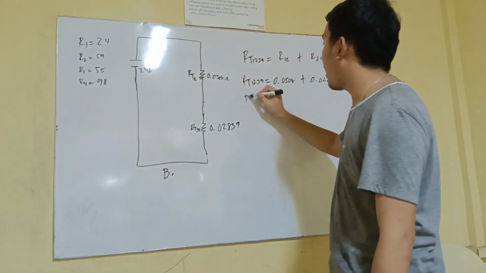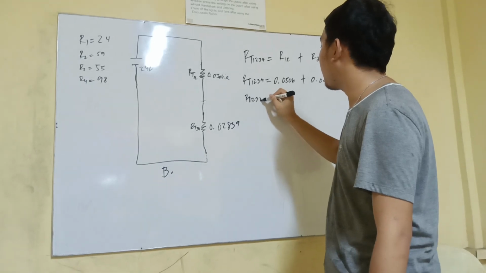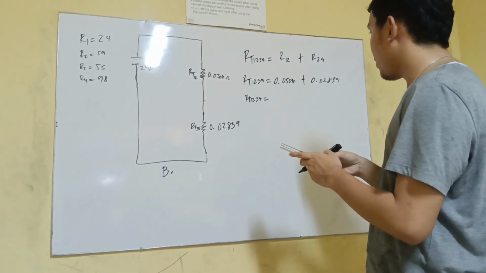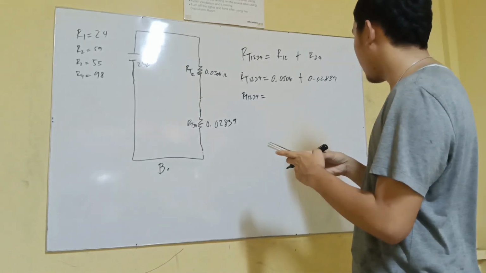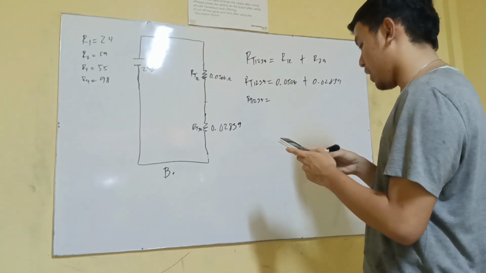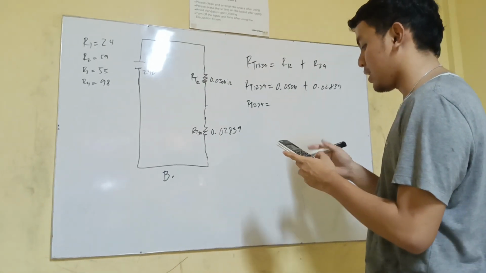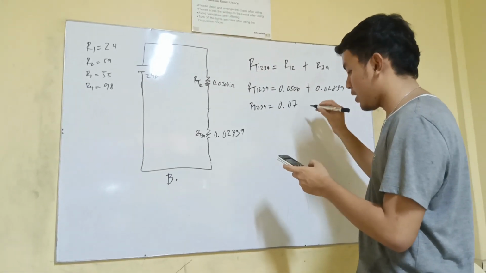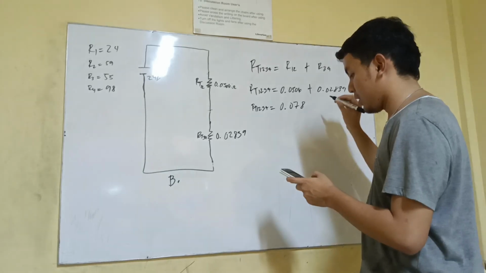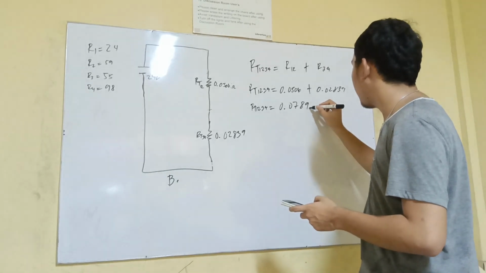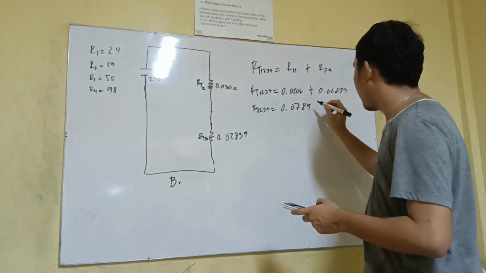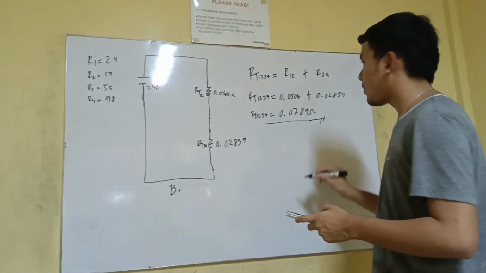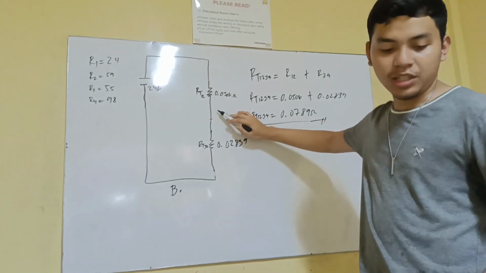So our R total in 1, 2, 3, 4 is 0.0789. This is our R total in this problem.